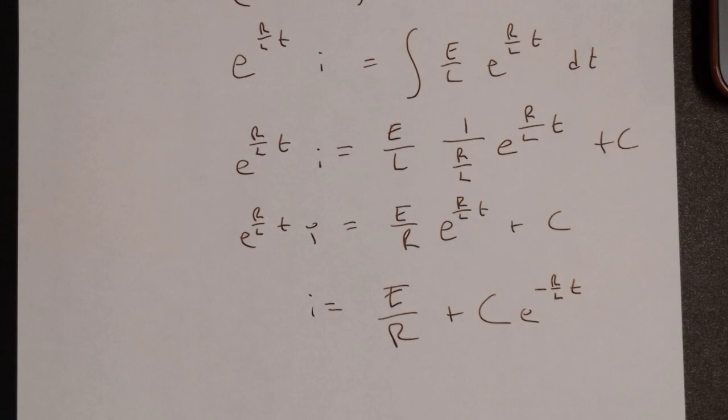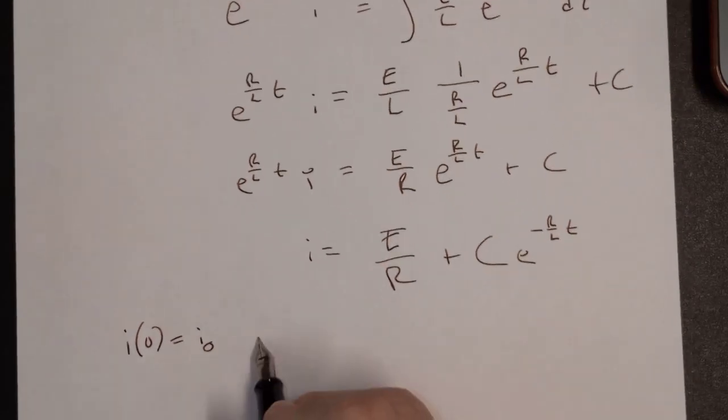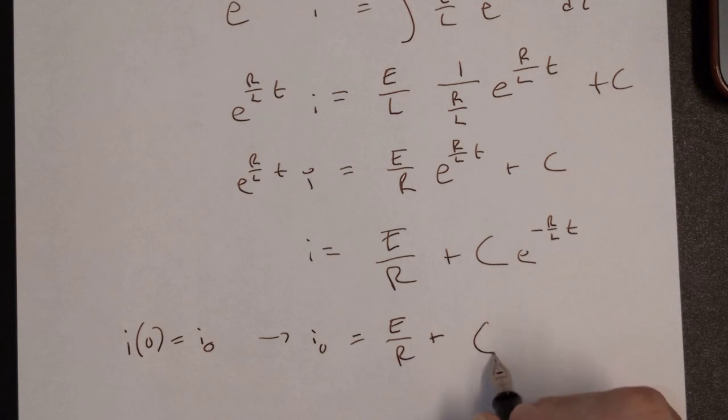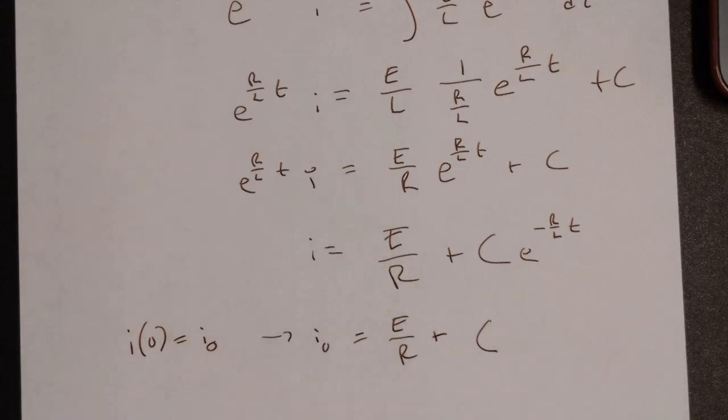I was given an initial condition, wasn't I? My initial condition was that I of 0 is some number, I null. So on the left, I'm going to get I null. On the right, I'm going to have E over R plus C times what?